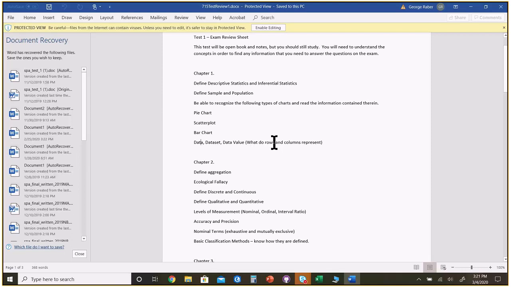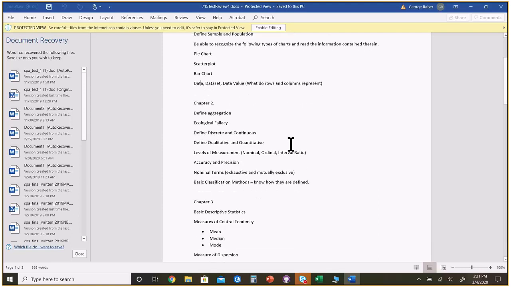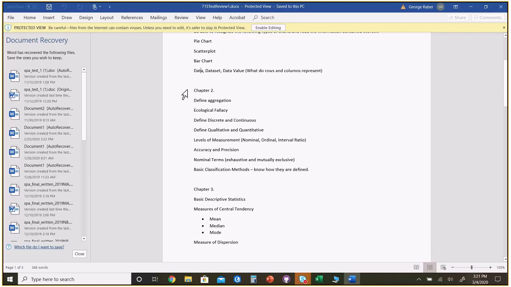And rows represent entities, features, objects. Columns represent their attributes. So we're talking about rows and columns of data here when I say data. Yeah.